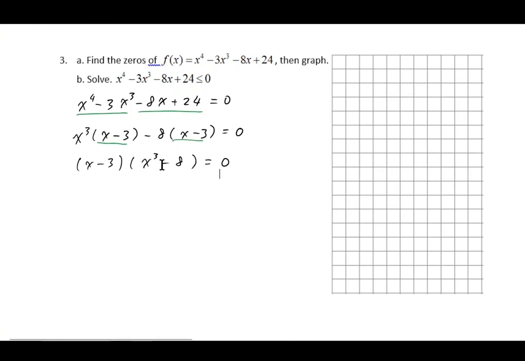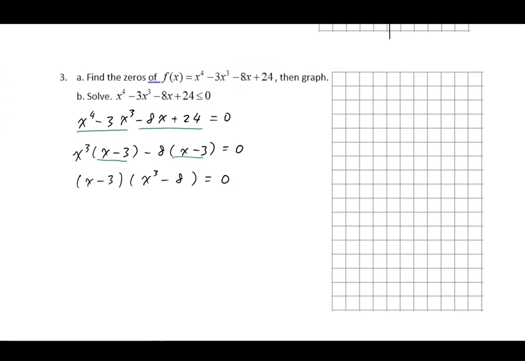Except, how does that thing factor? So here's another review from algebra 2. It's known as the difference of cubes. I'm going to write it up there. So a cubed minus b cubed turns out to be a minus b, and then a squared plus ab plus b squared.